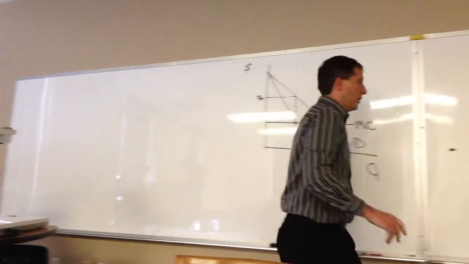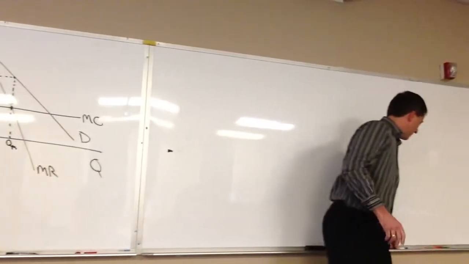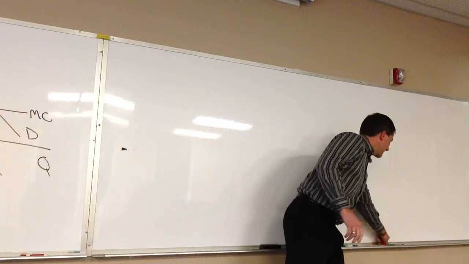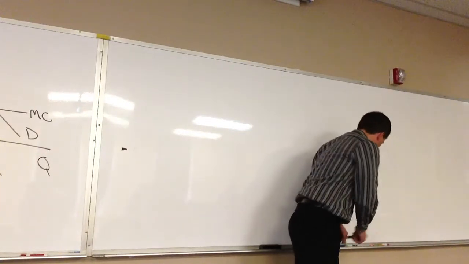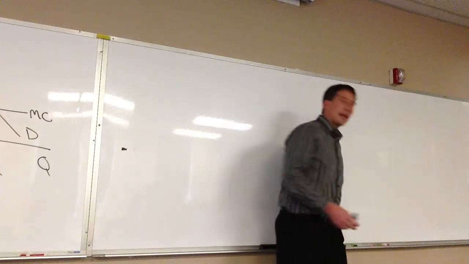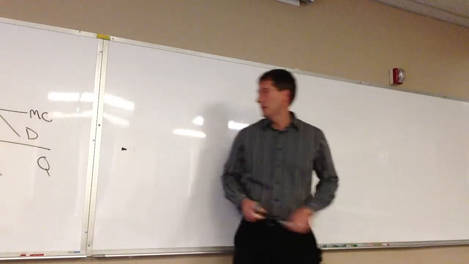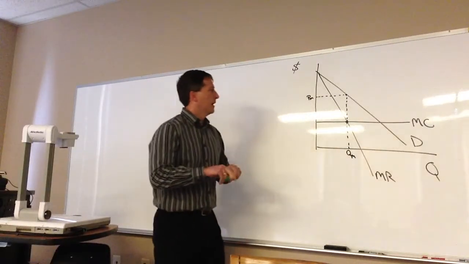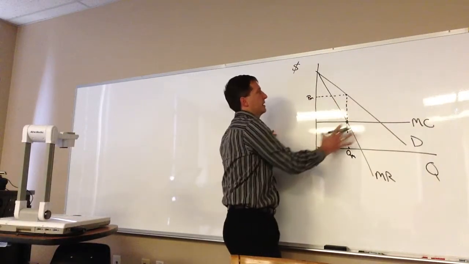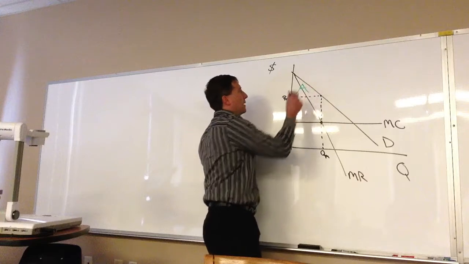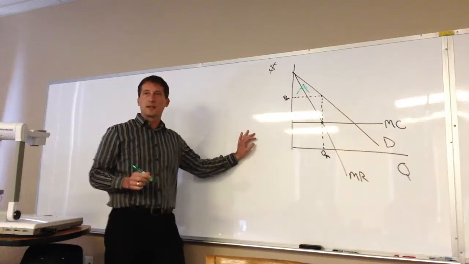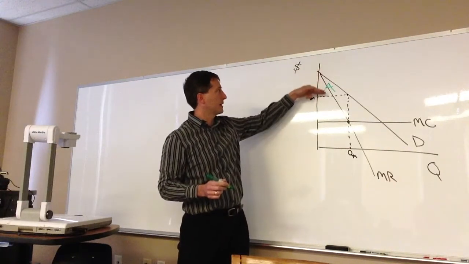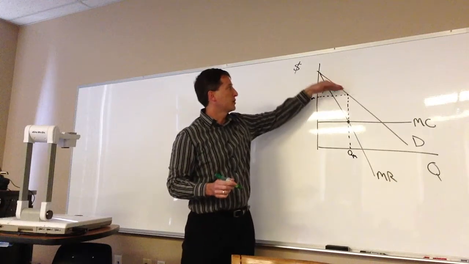All right, so the basic idea of price discrimination is to try to extract some of the consumer surplus and change it into producer surplus. As this model stands right here, Area A represents consumer surplus, the difference between what a consumer is willing to pay and what they actually pay for each unit that they consume.